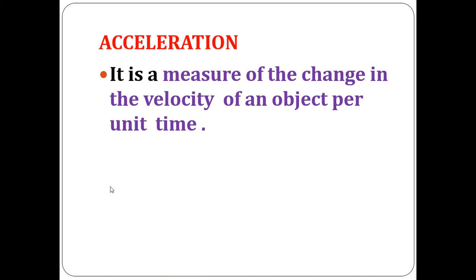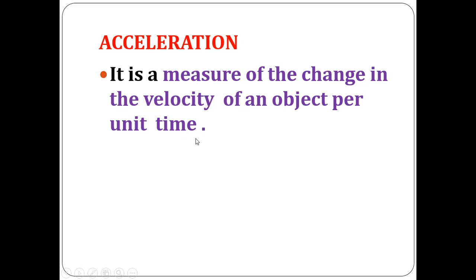Acceleration is defined as a measure of the change in velocity of an object per unit time. Okay, so during non-uniform motion of the body, there will be a change in the velocity of an object, isn't it? So acceleration means what? It is the quantity which is measuring the change in velocity of an object per unit time.